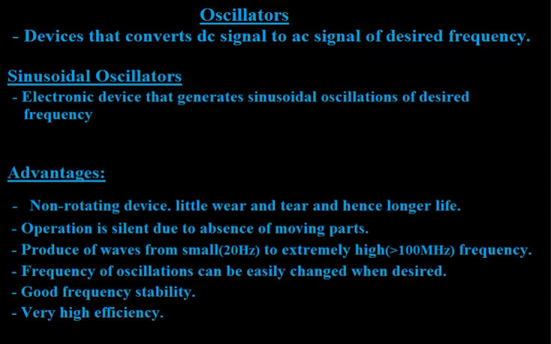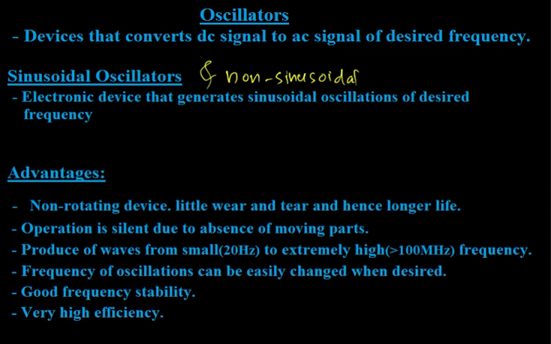This AC signal, we can classify into two categories: sinusoidal oscillators and non-sinusoidal oscillators. Sinusoidal means the output waveform of the circuit resembles that of a sine wave. Non-sinusoidal oscillator means that the output waveform of the oscillator is non-sinusoidal.